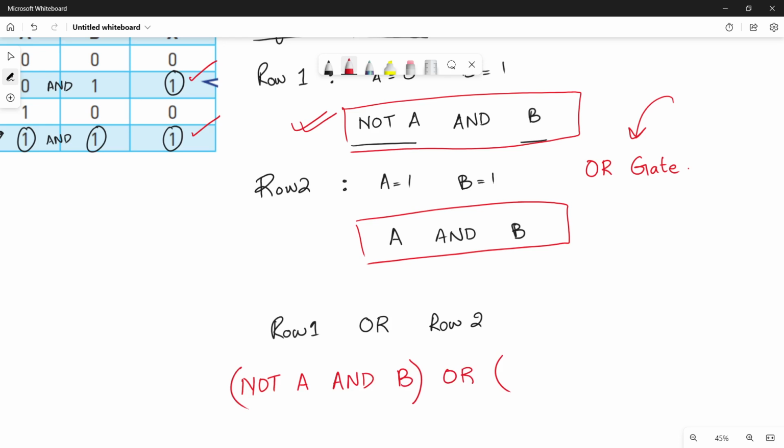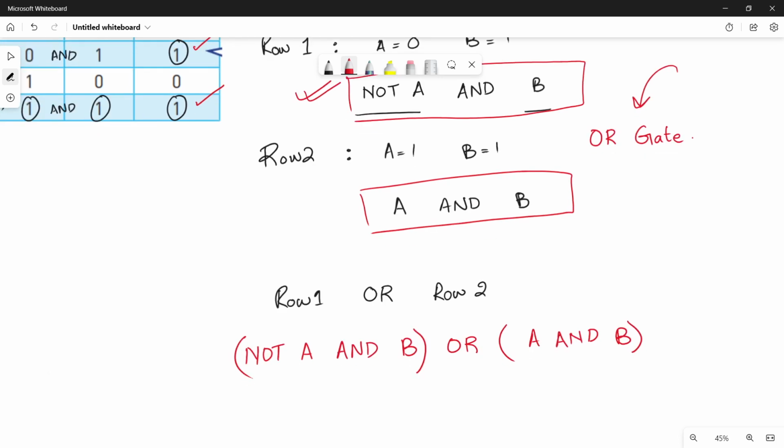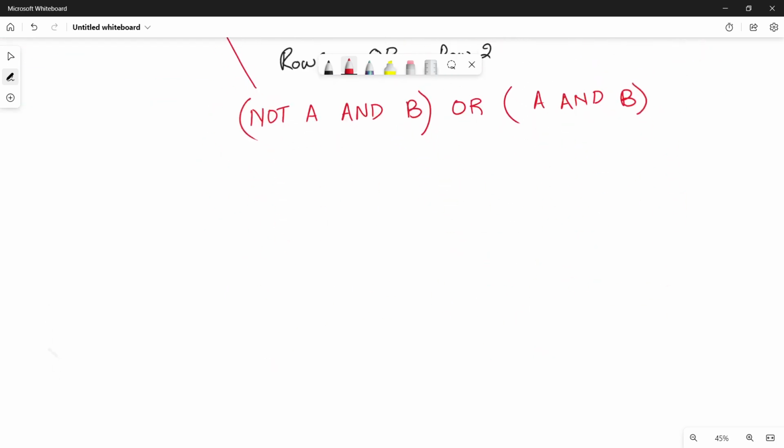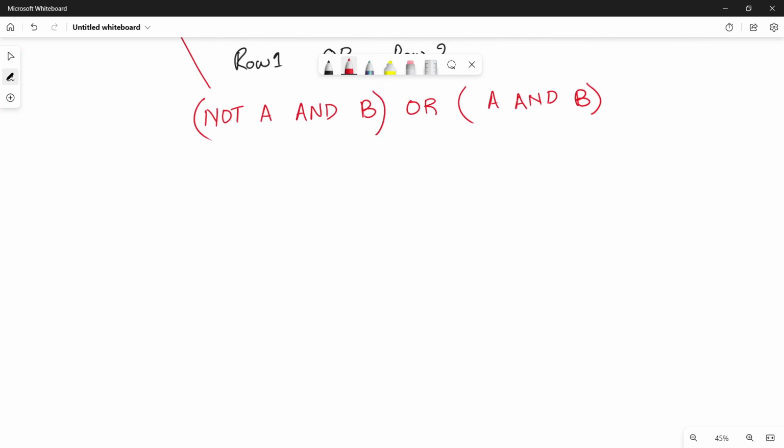Then row 2 is A and B. These brackets are going to help you to make your logic circuit. So this is done. This is for your truth table. You have made the logic expression. It's the final expression.